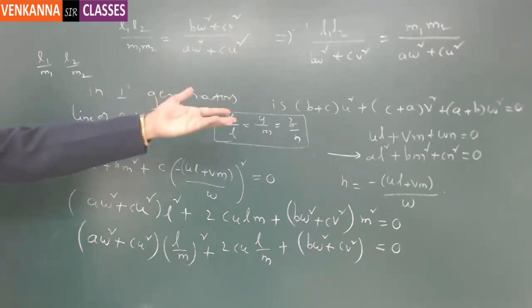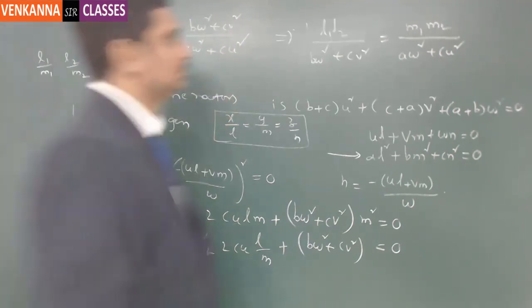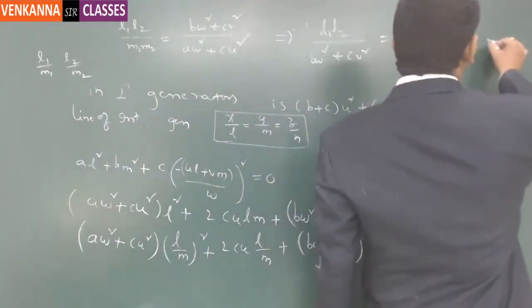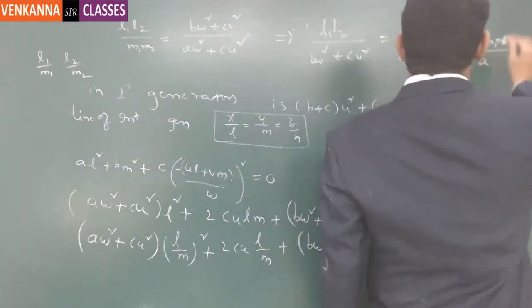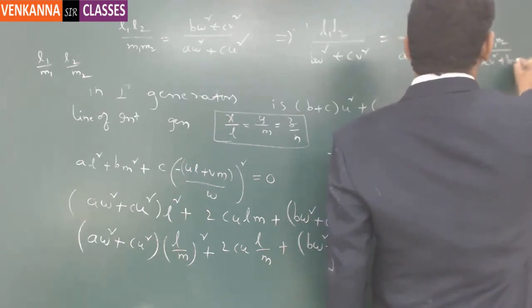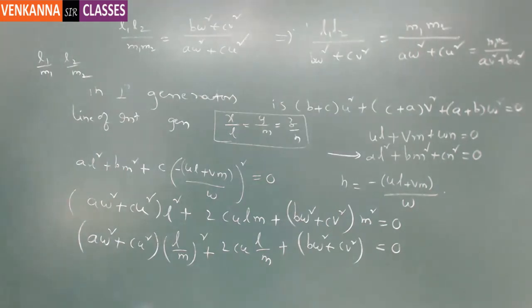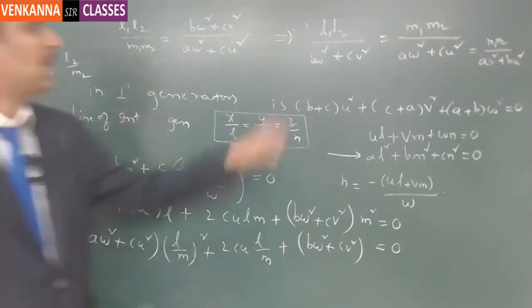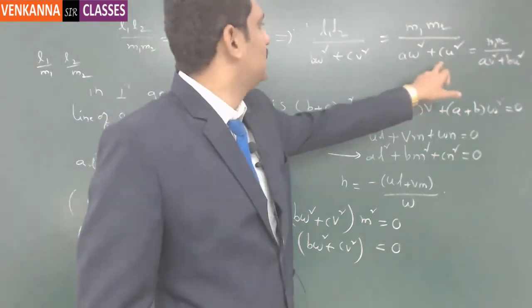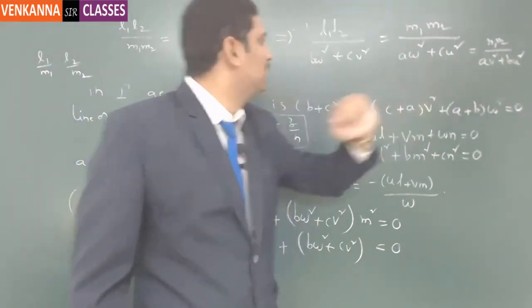Hence, by symmetry, you can say that n1 n2 whole divided by a v square plus b u square. This is the value. So by symmetry, I am writing the last one. Please understand. As we have BC, AC, you will have AB here.